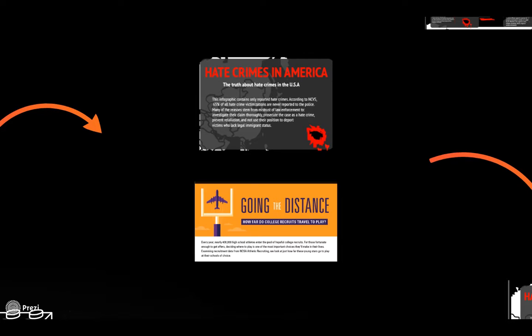I emulated this because when I put the title, Hate Crimes in America, I made sure that it was significantly bigger than the body text. I also added a smaller annotation, which was about a paragraph long, and the length of each sentence was about 12 words long, similar to my model.